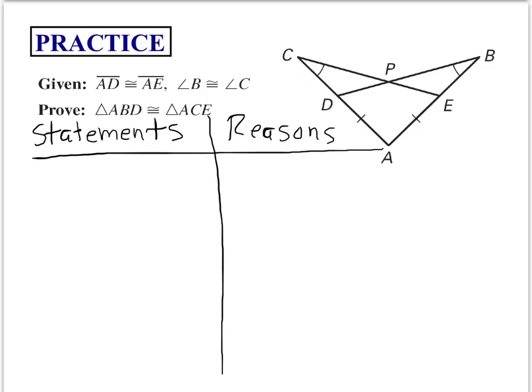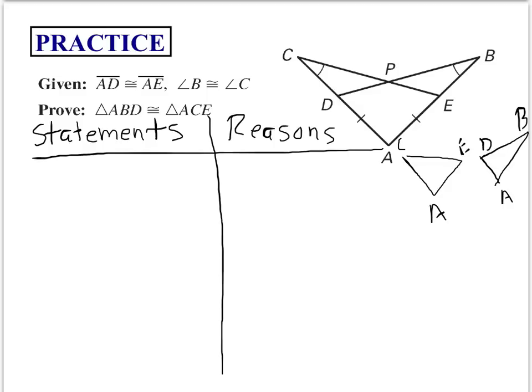So we're going to have our first triangle here, C, E, and A, and our second triangle here, B, A, and D.